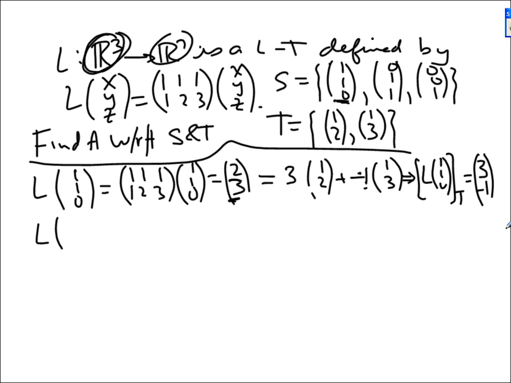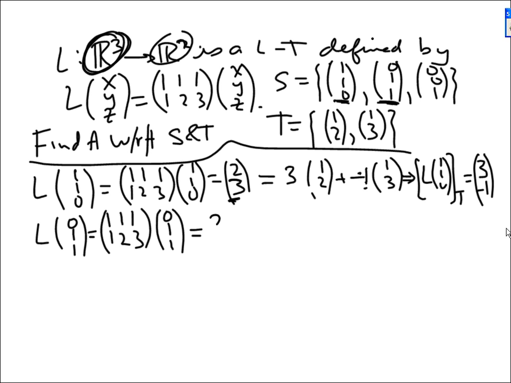Okay, now I take L of the second vector in the basis for R3, namely 0, 1, 1. L of 0, 1, 1 is nothing more than this matrix A times 0, 1, 1. And this time, looks like we get 2, 5. And I want to write 2, 5 as some multiple of 1, 2 plus some multiple of 1, 3.